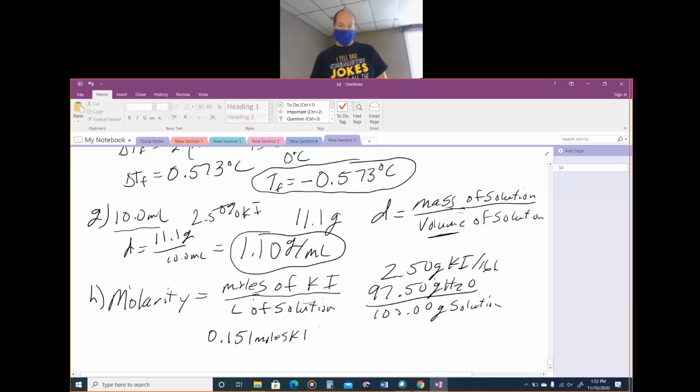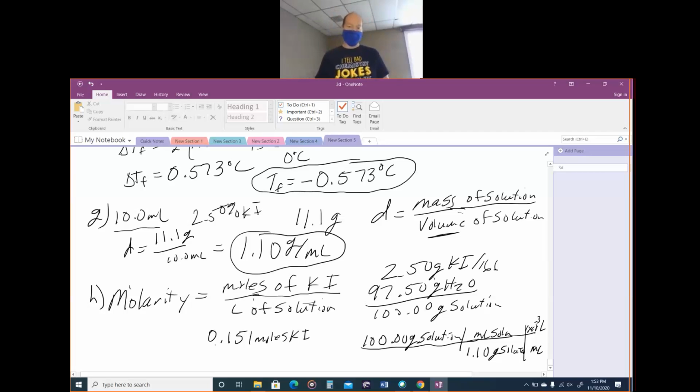of KI. And we have our mass of solution, but we don't want the mass of solution. We want the volume of solution. And so we have 100 grams of solution. And we know that we have a density of 1.10 grams of solution per milliliter of solution. And now all we have to do is get rid of milliliters and get liters, and that is 1 times 10 to the minus 3. And we have our volume in liters.